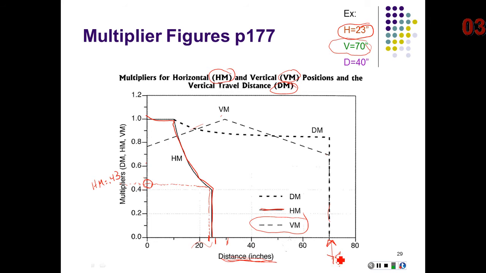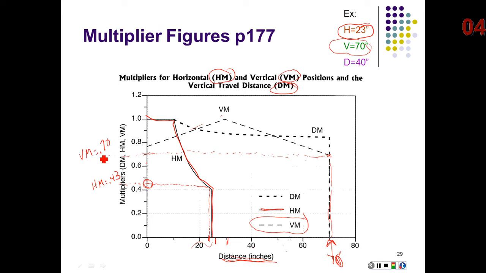As we saw, small females cannot reach higher than 70 inches, and so that is our limit. And so we would follow this up until we see that the VM ends. We would take that over to our y-axis, and I haven't drawn this very straight, but you can see that it crosses at approximately 0.70. So VM would be 0.70.